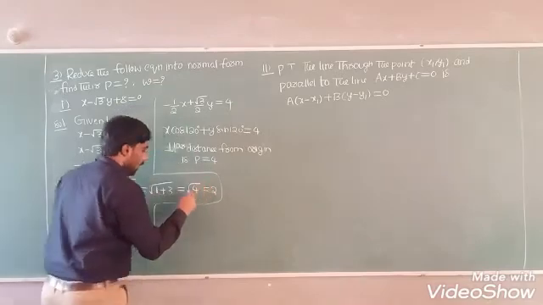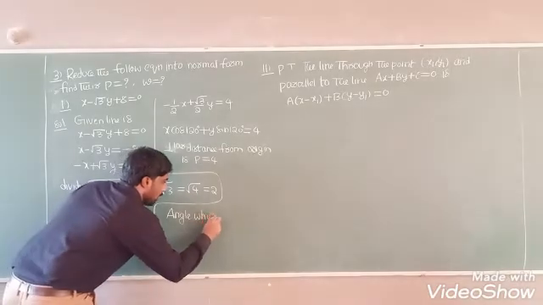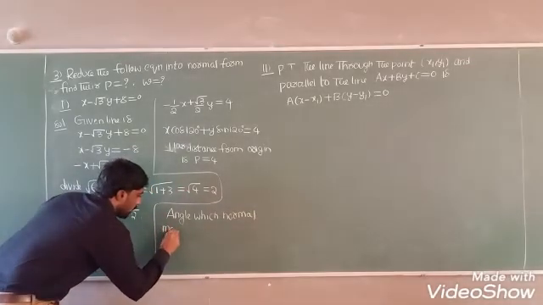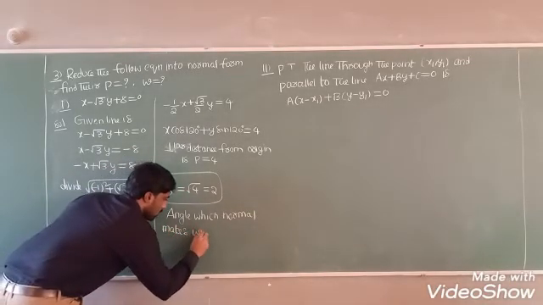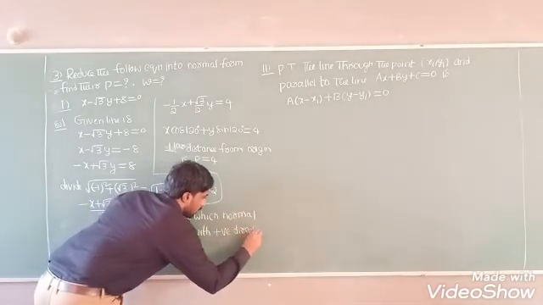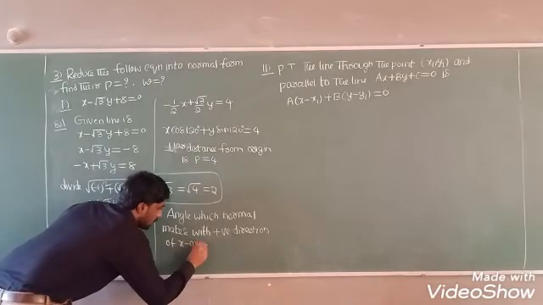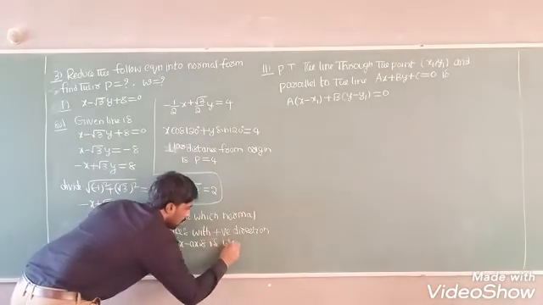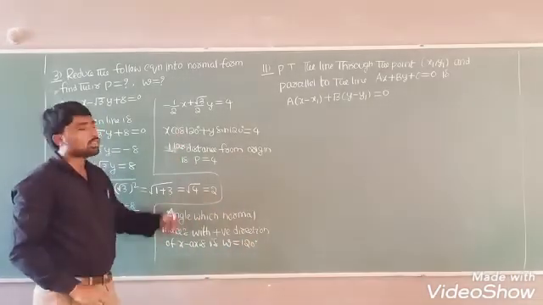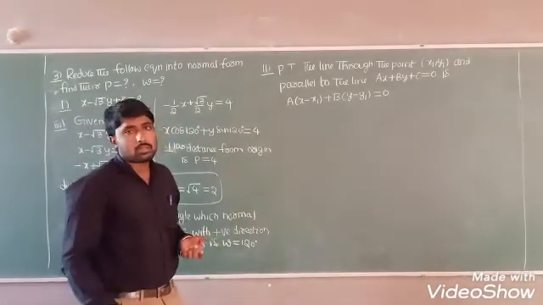The angle which the normal makes with the positive direction of x-axis is omega equal to 120 degrees. Cos 120 equal to what? Minus 1 by 2. Sin 120 is what? Root 3 by 2. Next, the remaining problems are similar.